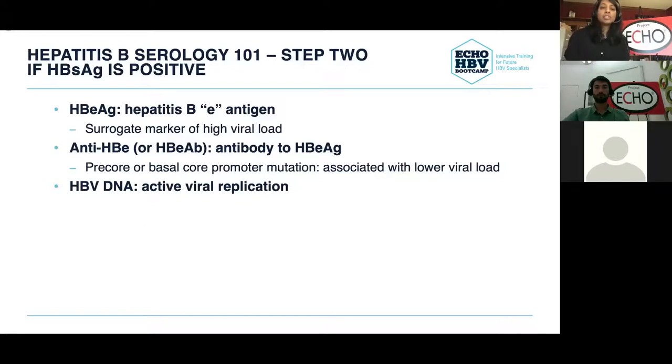So oftentimes it's used as a secondary test after you've passed through screening, to figure out some of the additional information you want in a patient who you're working up.